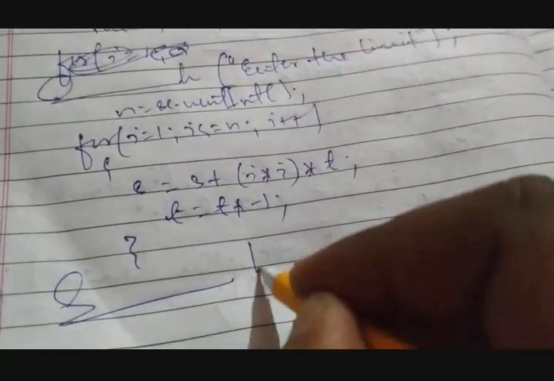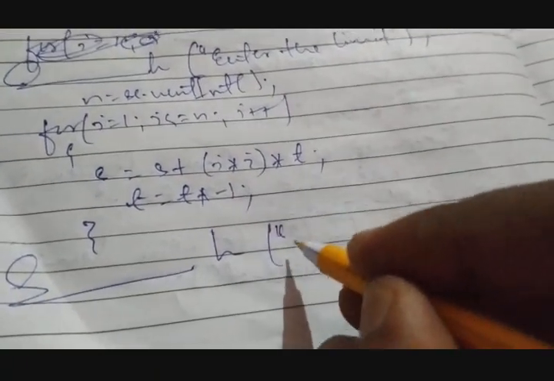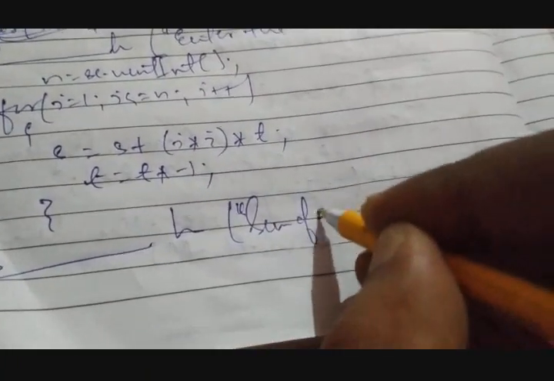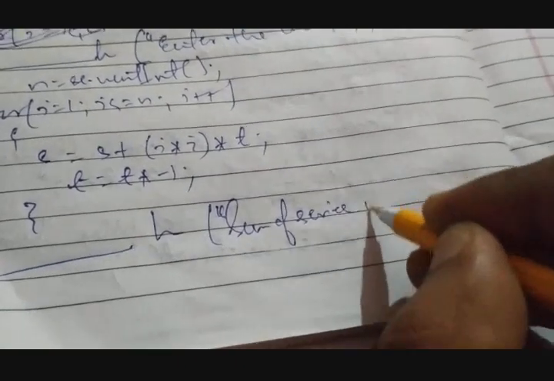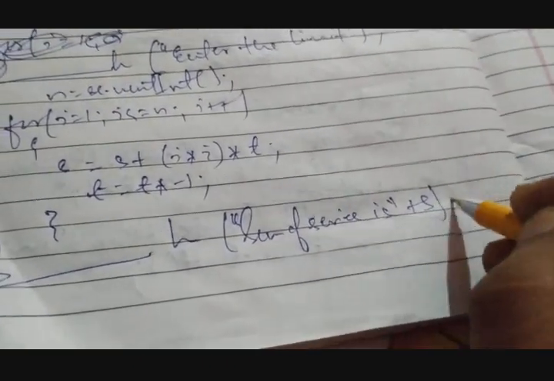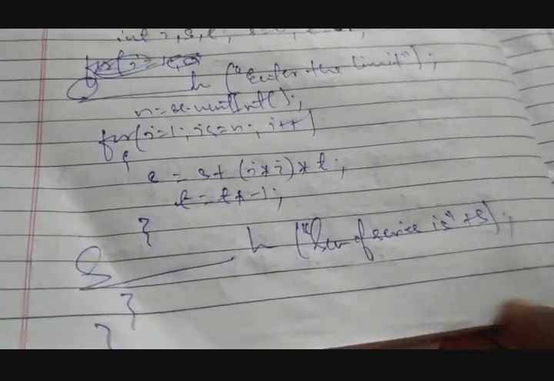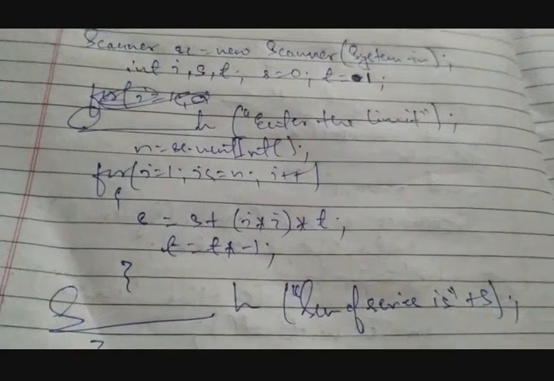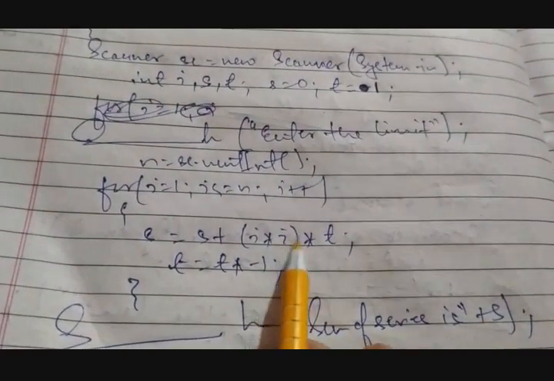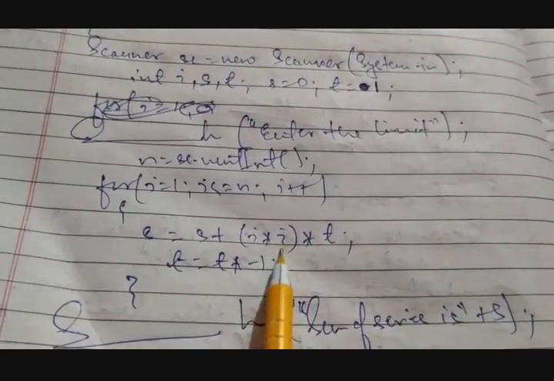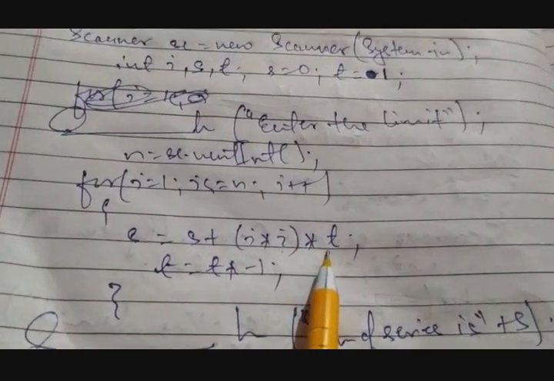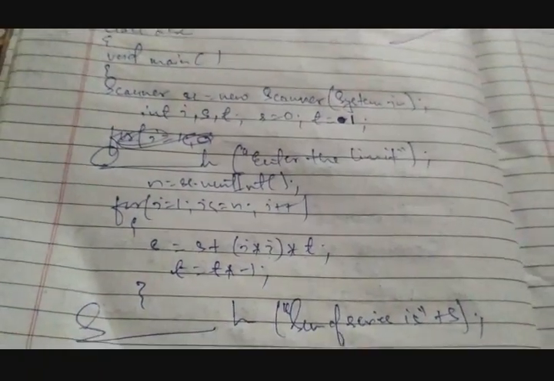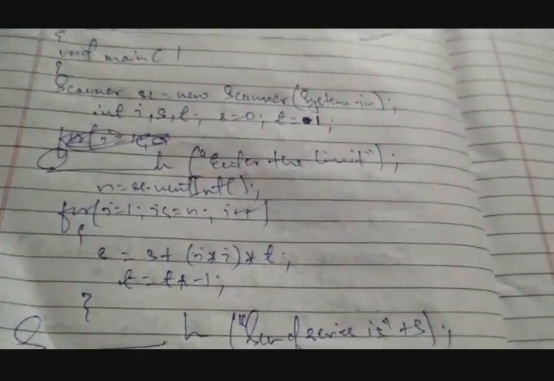Print sum of series is plus s. Main close, class close. This is one of the sum of the series. Hope you can trace it out: 1 into 1, 1 square into t, and 2 into 2, 2 square into t. This is how you have to do this, and let's move on to another one.